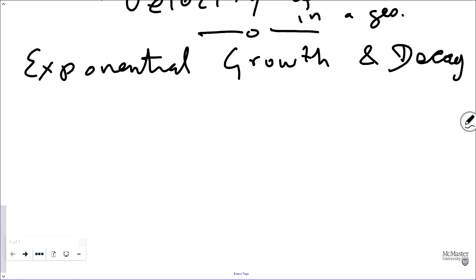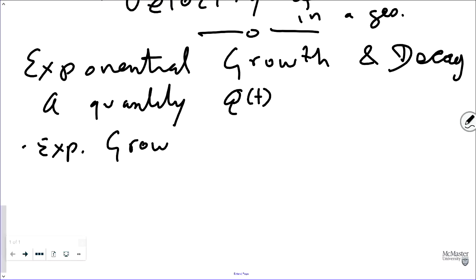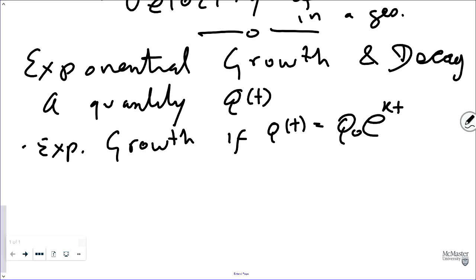So let's say that you have a quantity Q of t. So you have exponential growth when Q of t is of the form Q naught, remember our notation, e to the kt for k greater than 0.